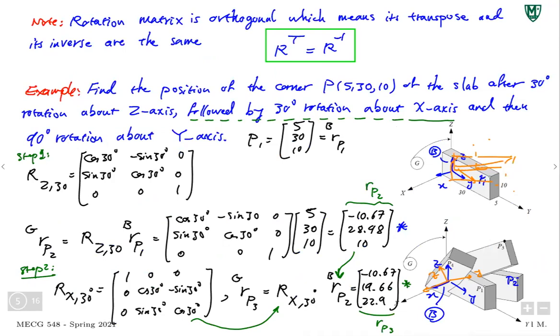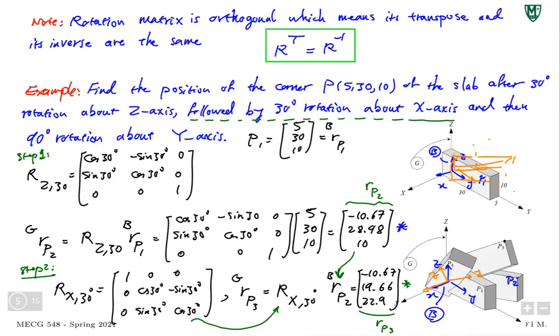One thing I mentioned that we'll see in one example today, that I said, well, since R is an orthogonal matrix, its inverse and its transpose are the same, which makes our life way easier when we want to go from the opposite direction. Let's say we know the local coordinates and we want to find global coordinates.